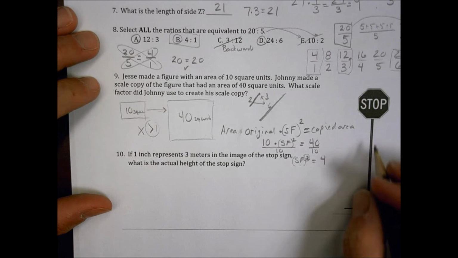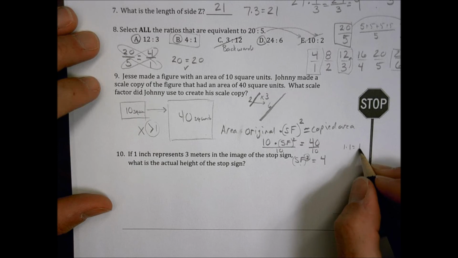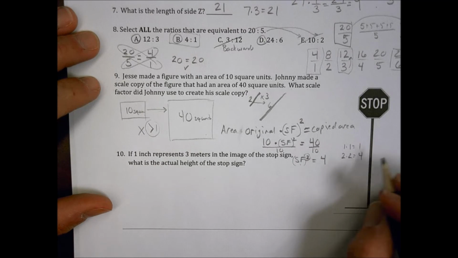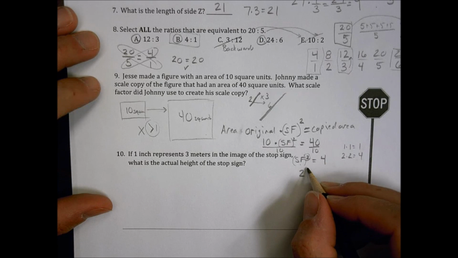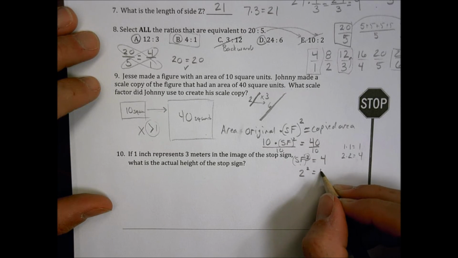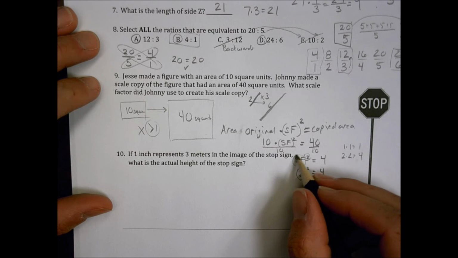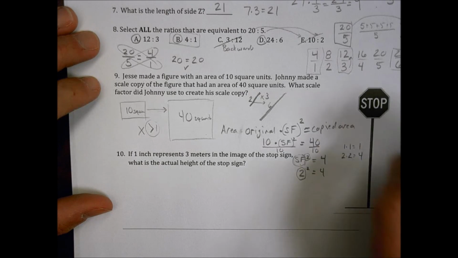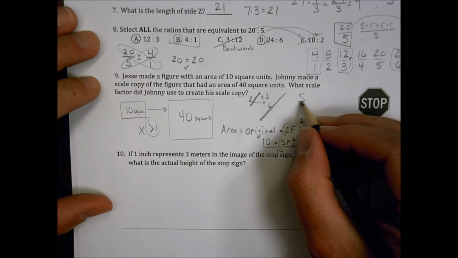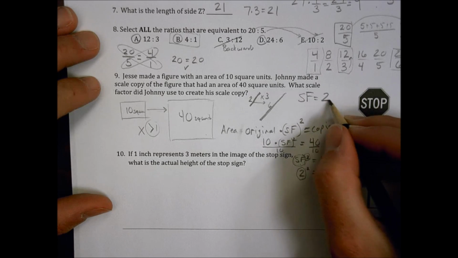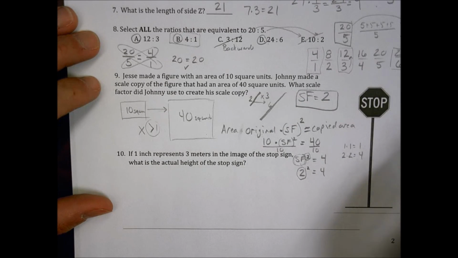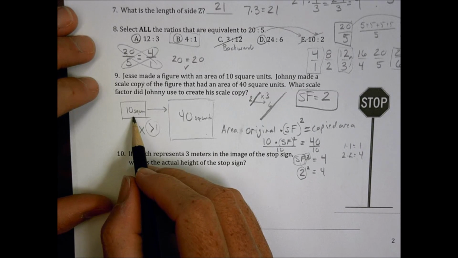So 1 times 1 is 1, 2 times 2 is 4. Probably where I want to stop. So 2 squared equals 4. Well, this value of 2 represents our scale factor. So in this case, our scale factor equals 2. And that's the scale factor that Johnny used to get from this to his model there.